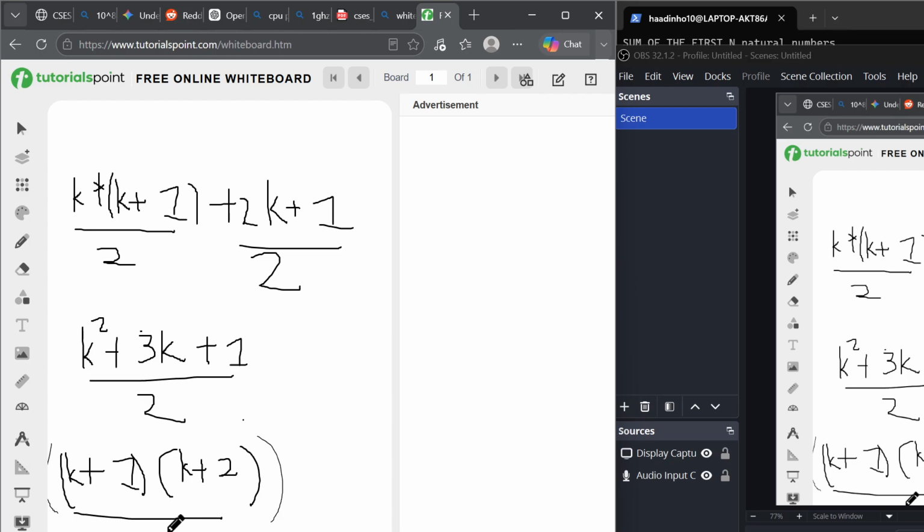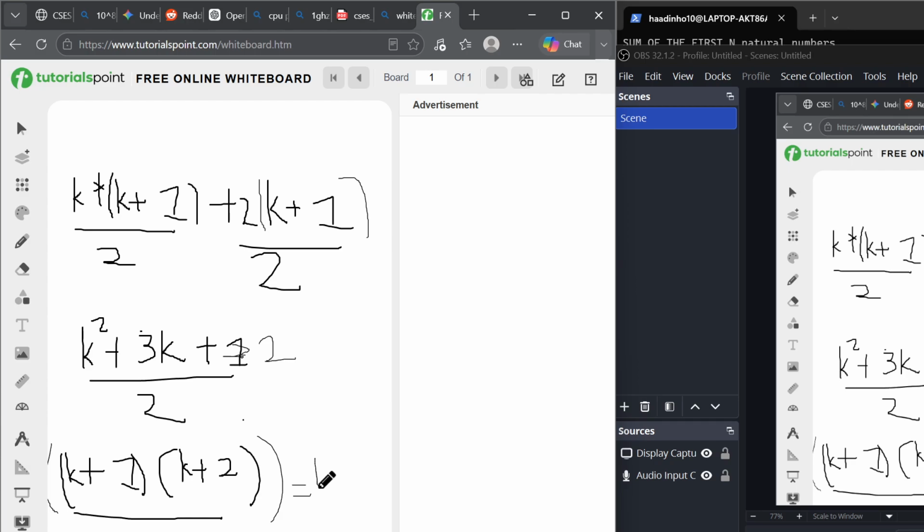If you multiply this out, it's going to be k square plus 2k plus 1k plus 2, right? So it's k square plus 3k plus 2.